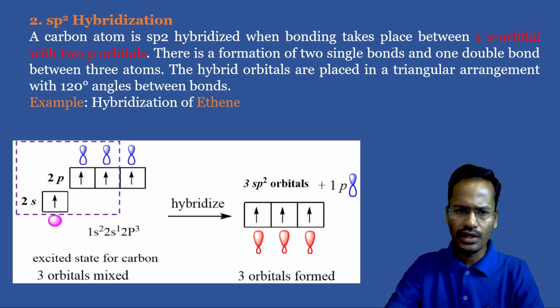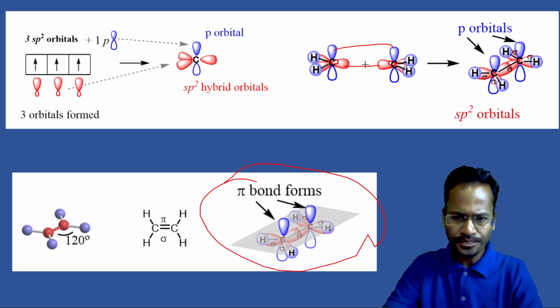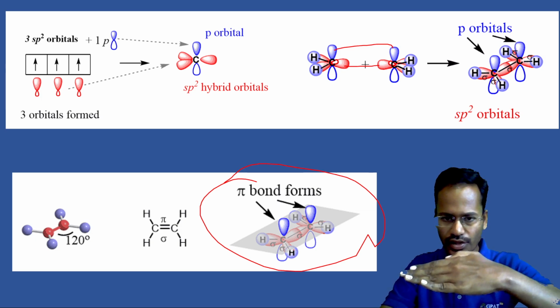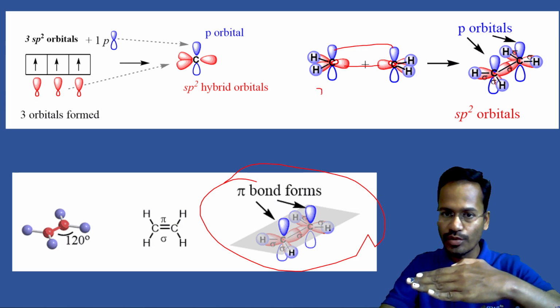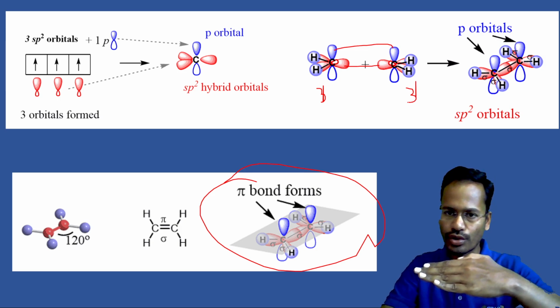The same I have tried to show you in another type of representation too. Here you can see that in a plane there are a total of 6. Why I'm telling 6 is because 3 hybridized orbitals of one carbon and 3 hybridized orbitals of the other carbon, total 3 plus 3, 6.